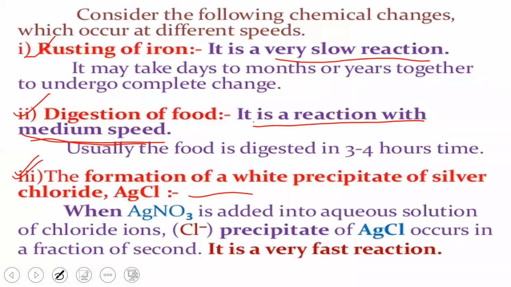We have majorly three types of reactions. Very slow reactions, the best example being the rusting of iron. Moderate reactions, the best examples being some laboratory reactions or digestion of food. And very fast reactions, the best example being the precipitation of silver chloride from silver nitrate plus HCl or chloride solution.